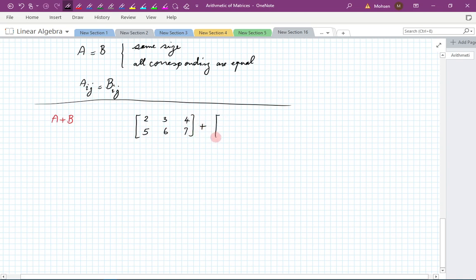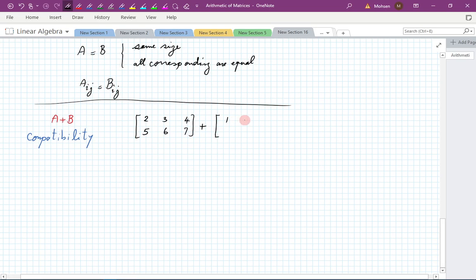Now an issue comes up here. If you want to add and subtract, they must have the same size. So we have the issue of compatibility condition, meaning I cannot add a 2 by 3 to a 5 by 7 or anything of that sort. They must match in their size completely.